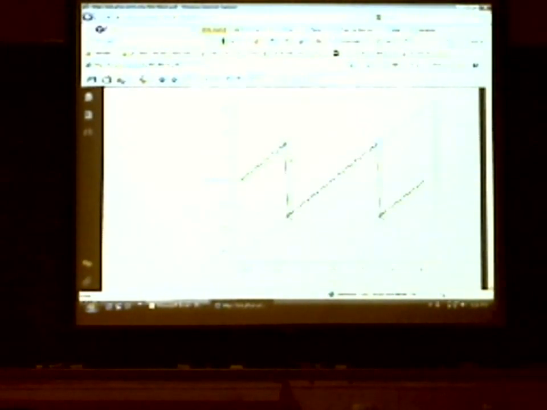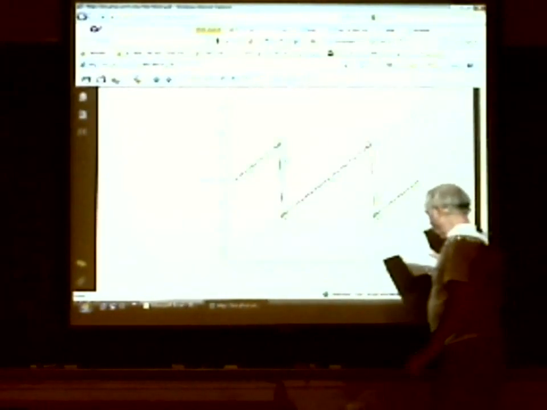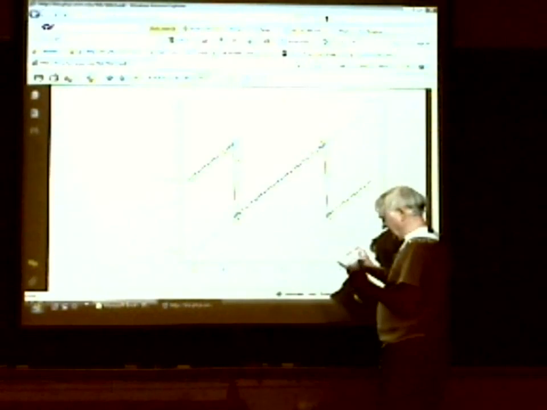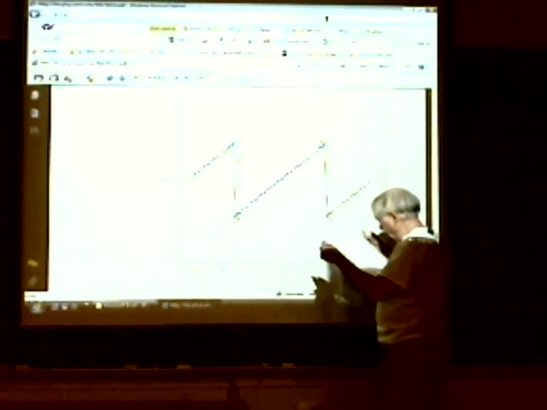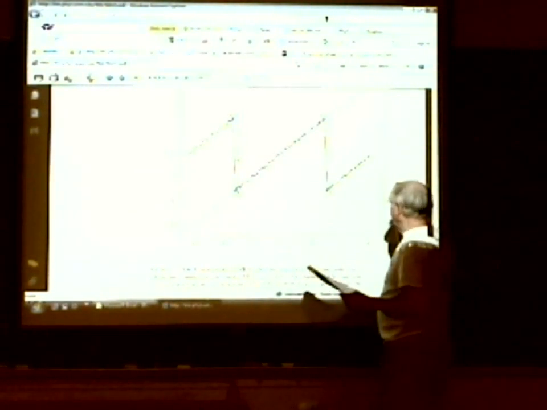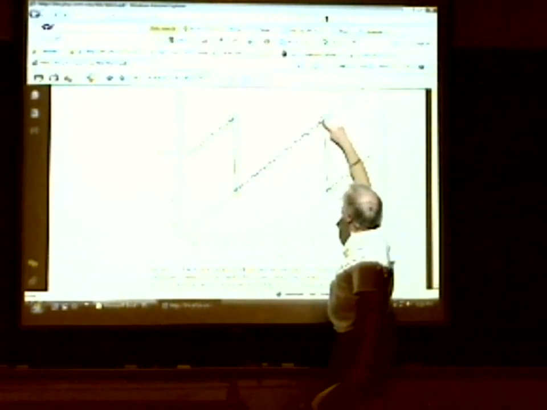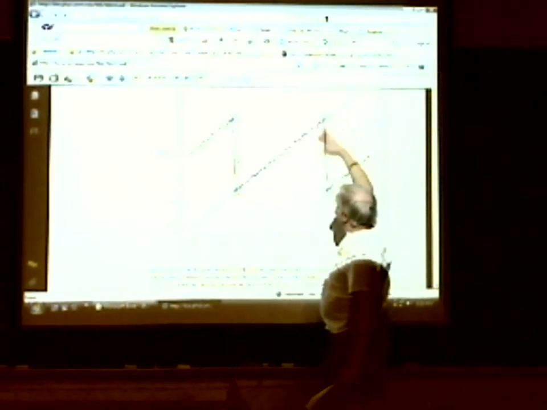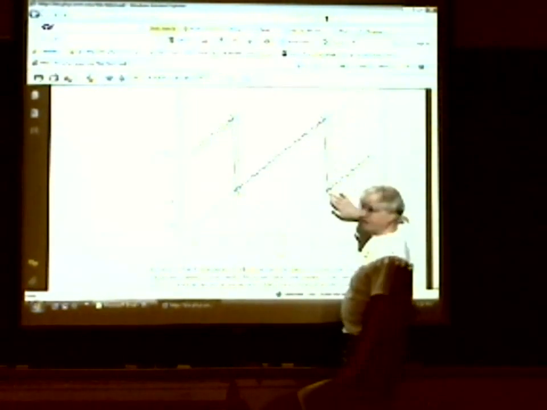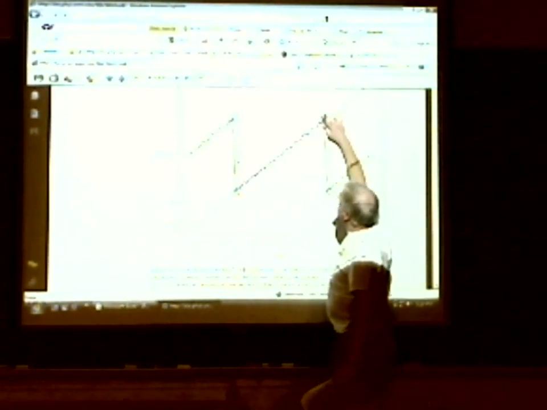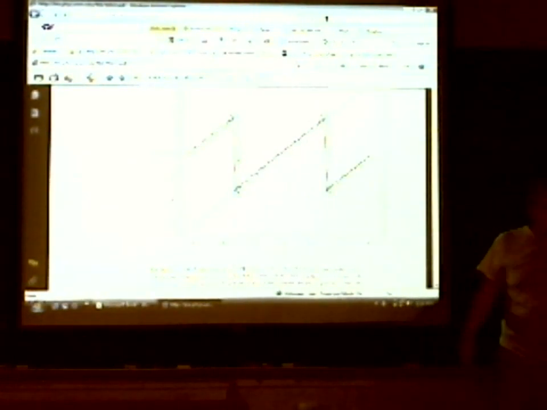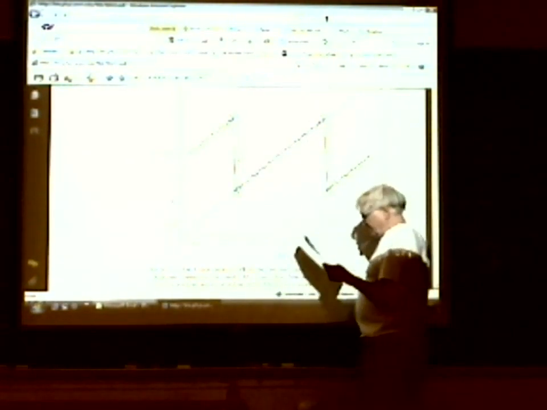With 10 terms, it's red again, and you see the overshoot. The Fourier series gets really nervous here because it knows it has to jump all the way down there. So it overshoots and undershoots. This is called the Gibbs overshoot, the same J. Willard Gibbs.